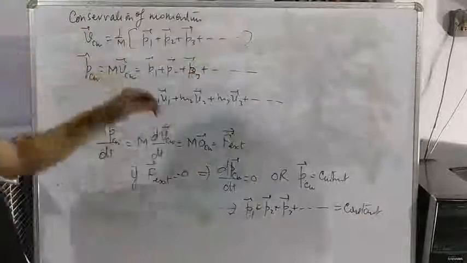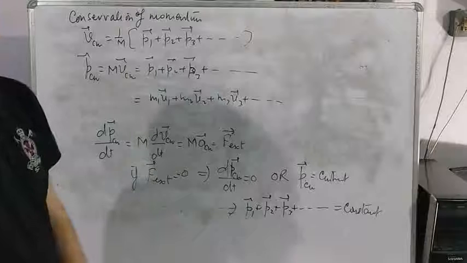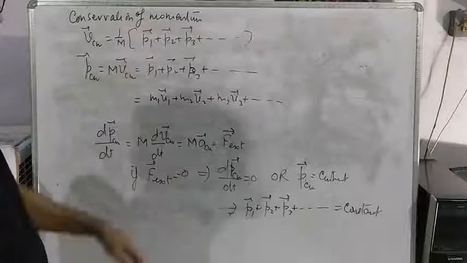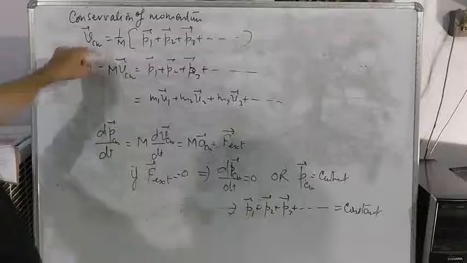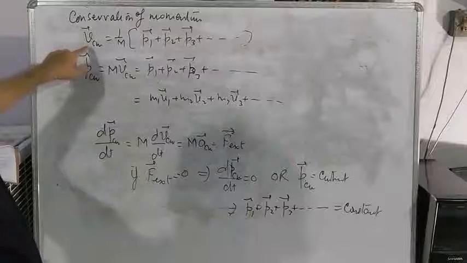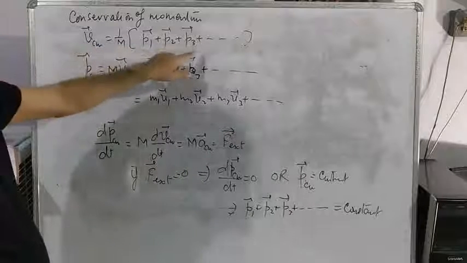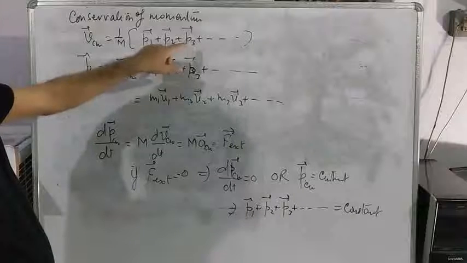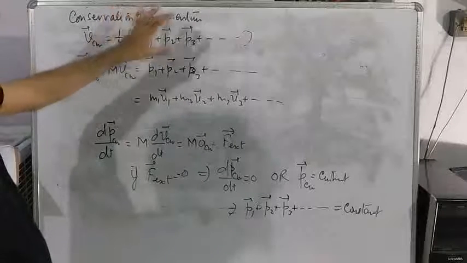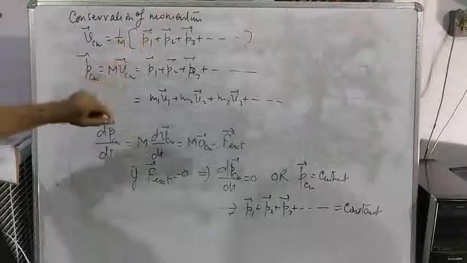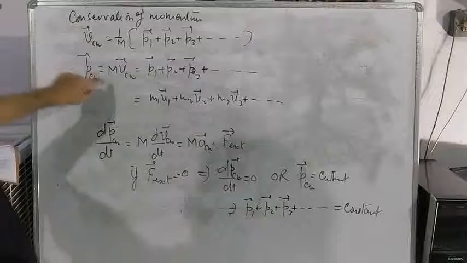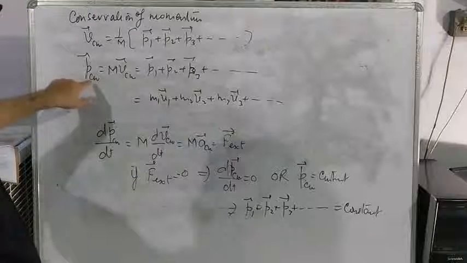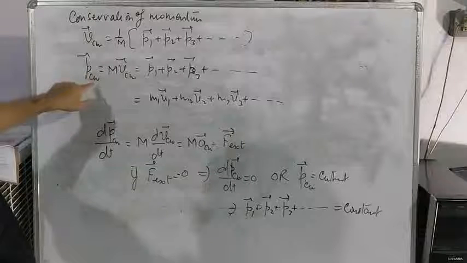Now let us understand conservation of momentum with the help of center of mass. You have just seen that the velocity of center of mass is given by this equation. P1, P2, P3, etc. are momenta of different particles of the body. From this equation we can write like this. PCM is the momentum of center of mass.